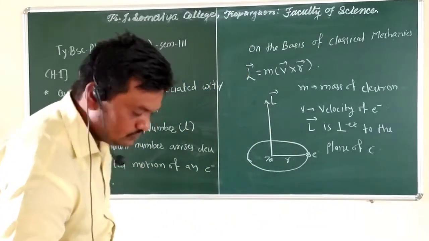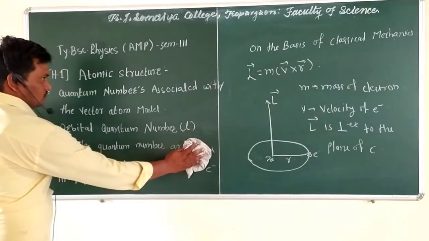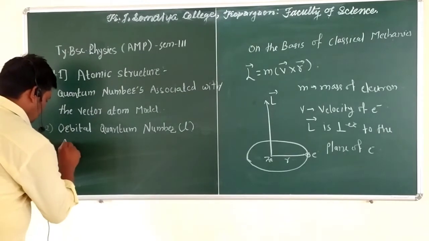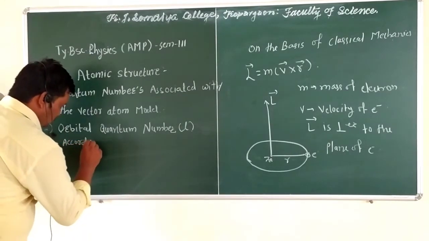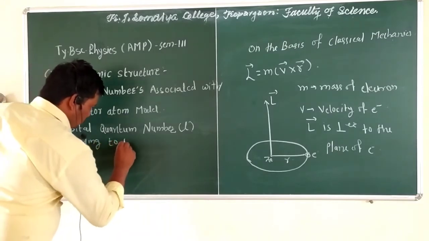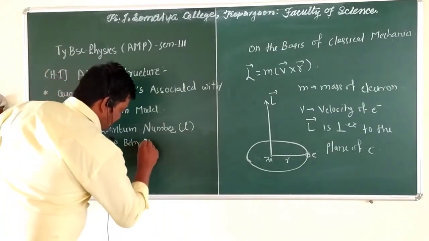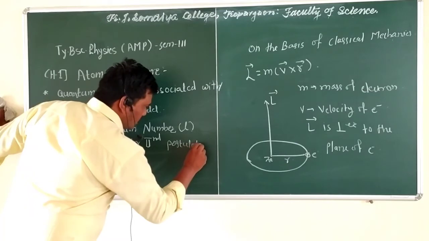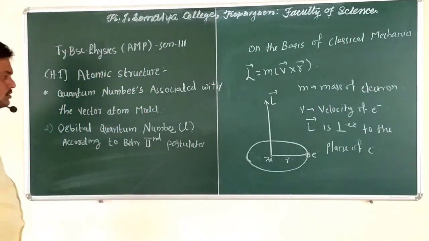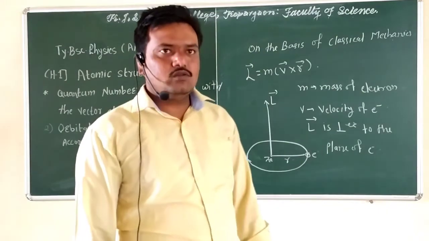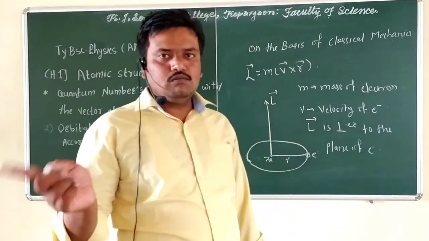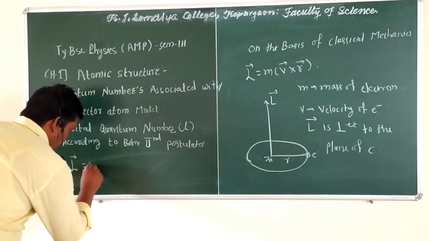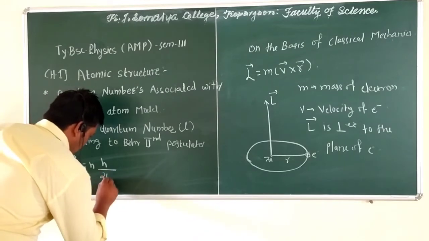So according to Bohr's second postulate, the angular momentum is an integral multiple of h upon 2 pi, so that L is given by n into h upon 2 pi.